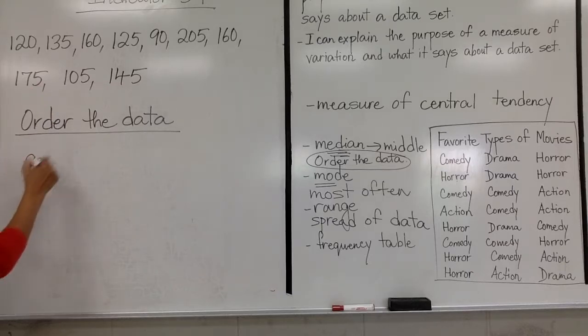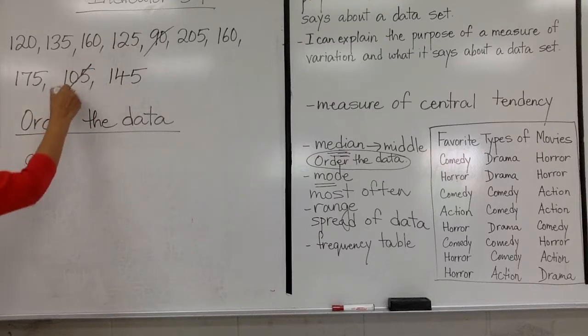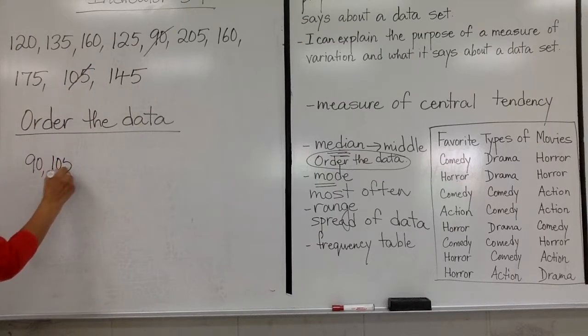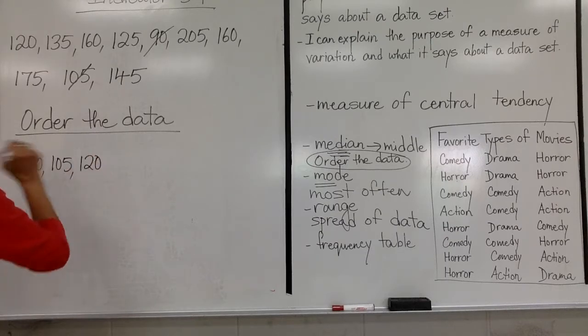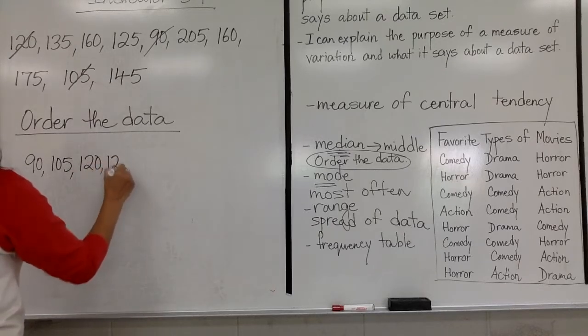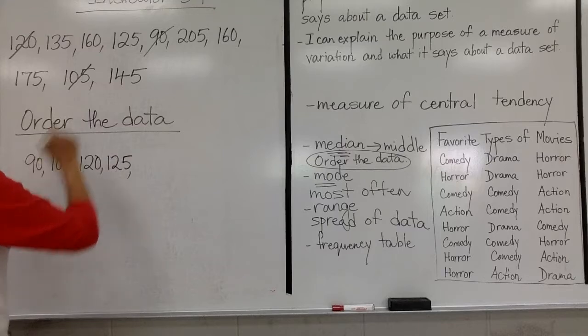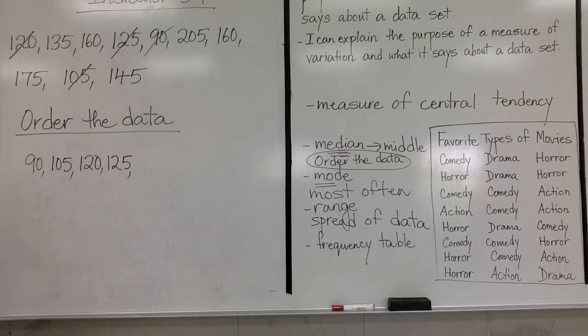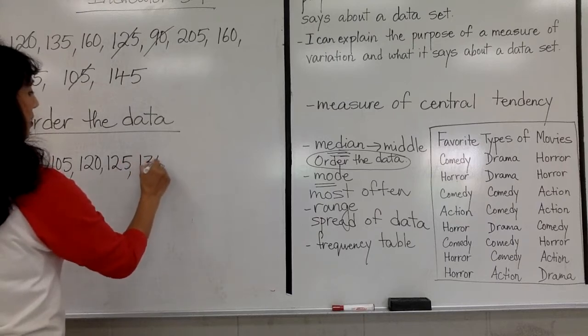Smallest is 90. Then you have 105. Then you have 120. And then you have 125. And then we have 135.